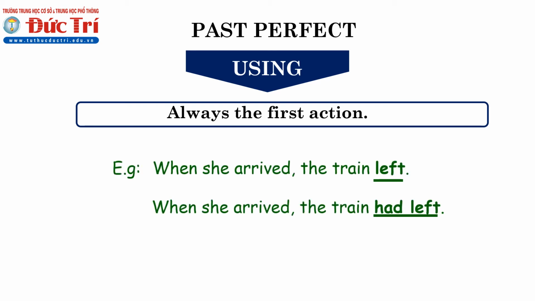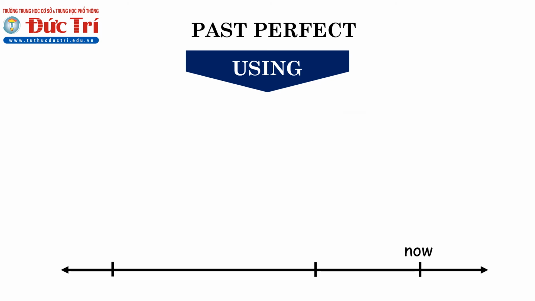And when you use the past perfect, it can change the meaning in your sentence. Let's do a little comparison. When she arrived, the train left. When she arrived, the train had left. When she arrived, the train left.